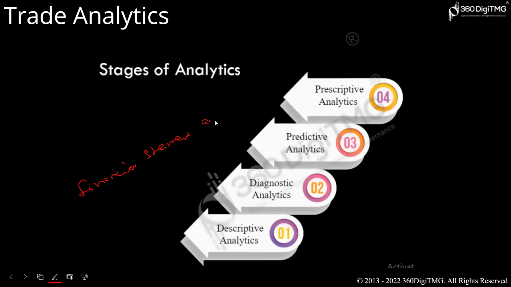It shows the periodic report in detail, financial information about the business. In a company, there are different kinds of financial statements, for example, the balance sheet, income statement, and cash flow statement.